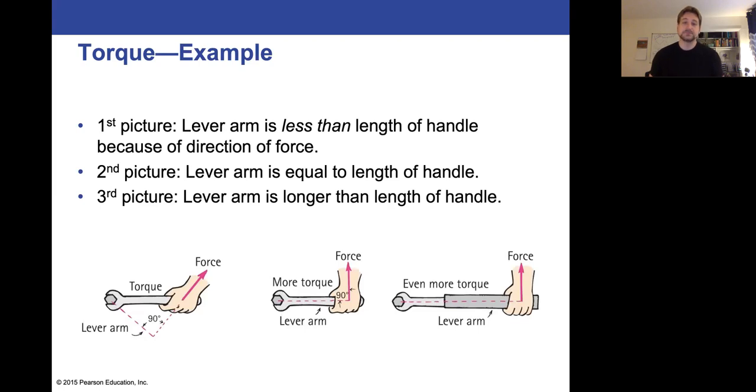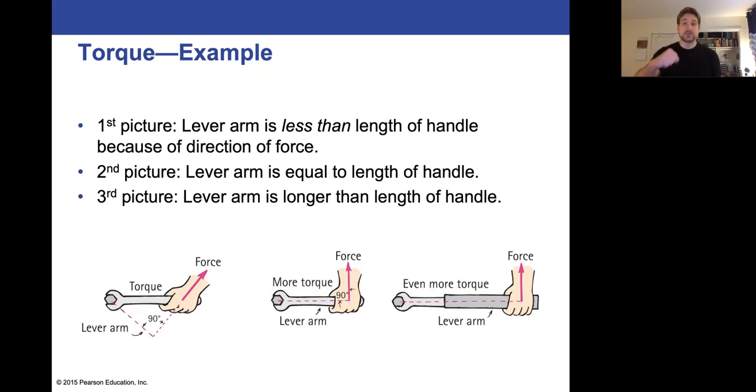The lever arm is less than the length of the handle of the wrench in the first picture because the force is at a weird direction. Well, weird, not perpendicular. In the second picture, we changed the direction of the force. We haven't changed its magnitude.